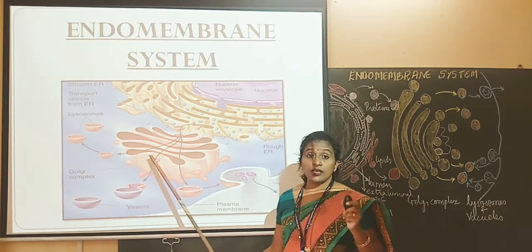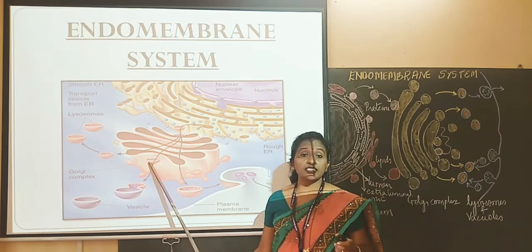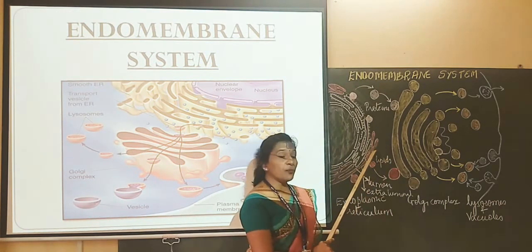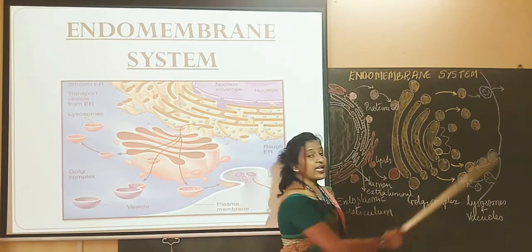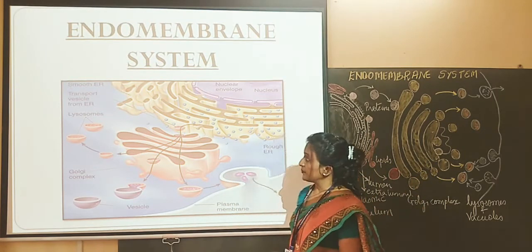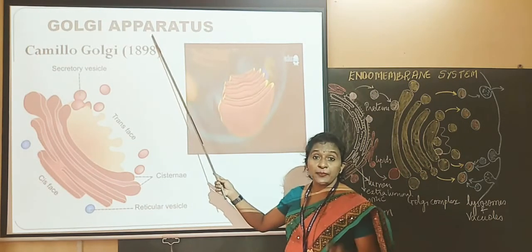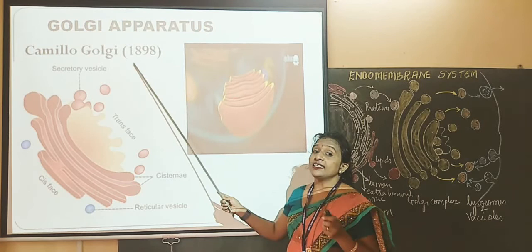The next organelle is the Golgi apparatus or Golgi complex that is associated with endoplasmic reticulum as well as the plasma membrane. Camillo Golgi named this organelle as Golgi apparatus in 1898.